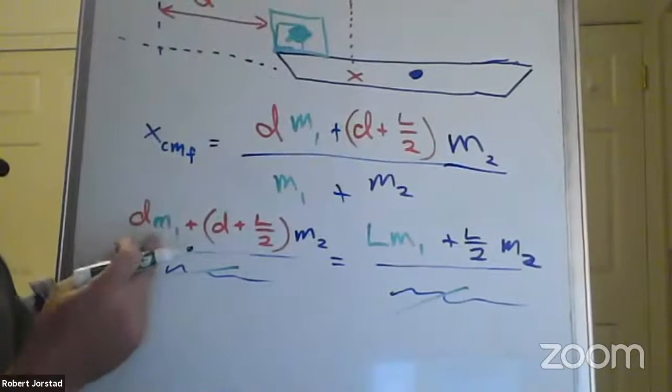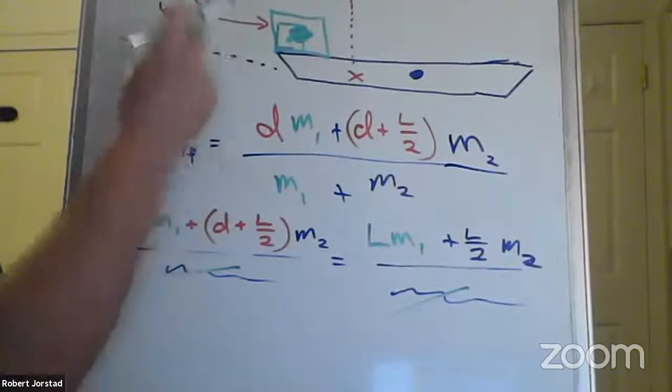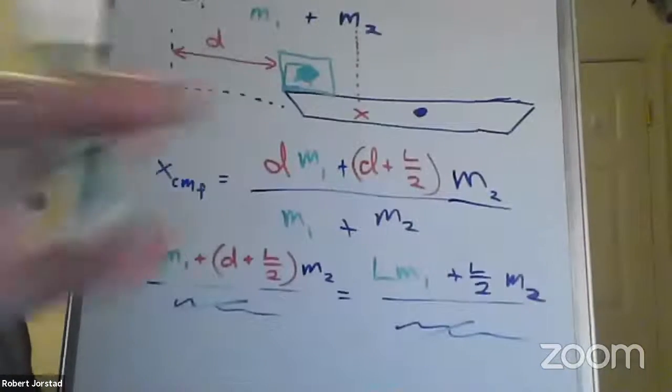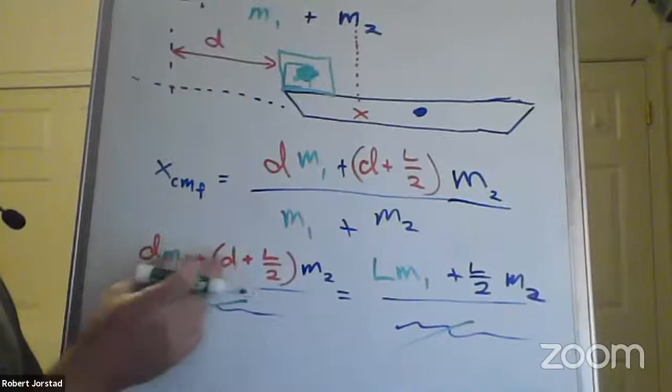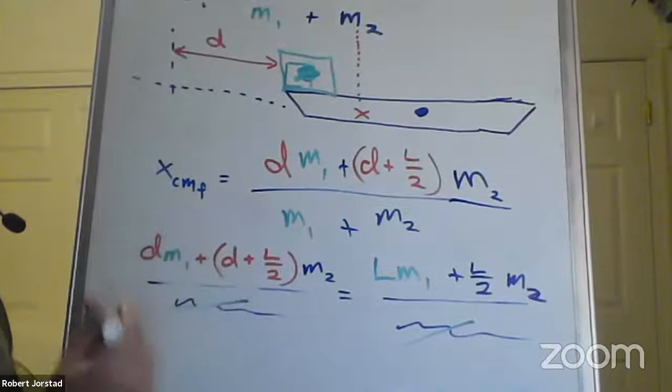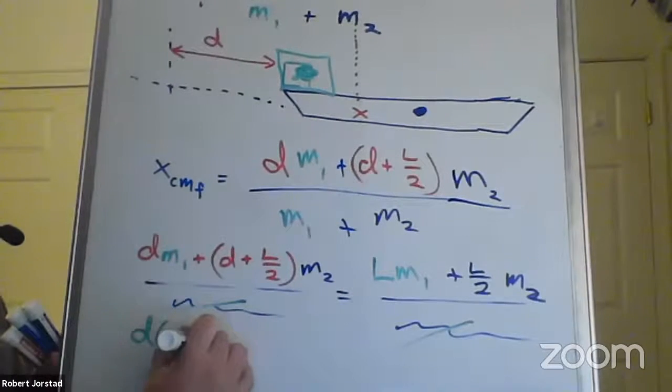Here I have an equation that has known parameters in it, except for the letter D, this unknown distance to the dock. And so what I could do is group these terms. We've got D times M1 plus M2, I think.